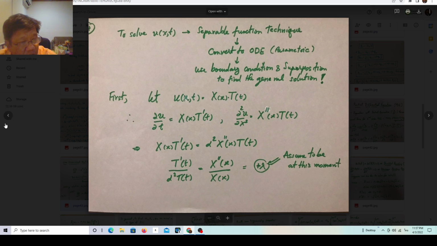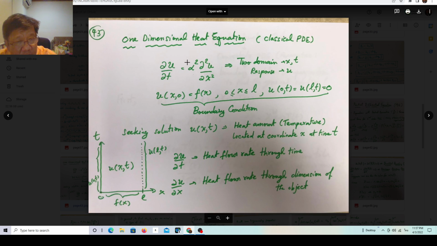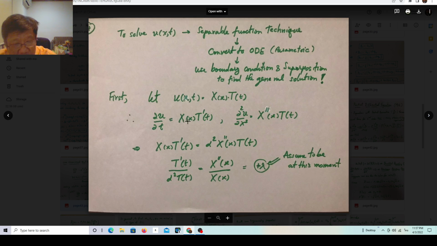Therefore, replacing the partial of u with respect to t and the second partial of u with respect to x squared with this formulation, you get this result: the partial of u with respect to t is equal to alpha squared times the second partial of u with respect to x squared.